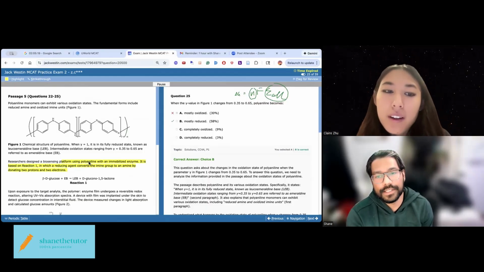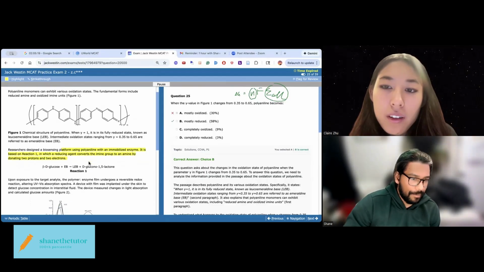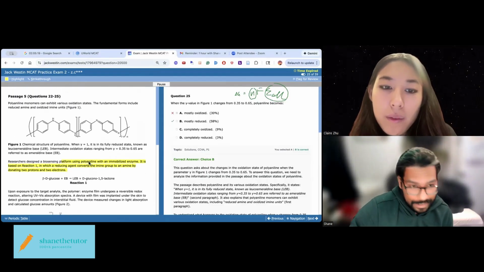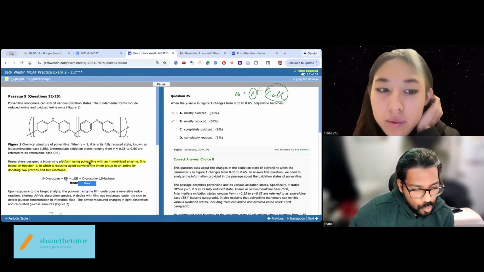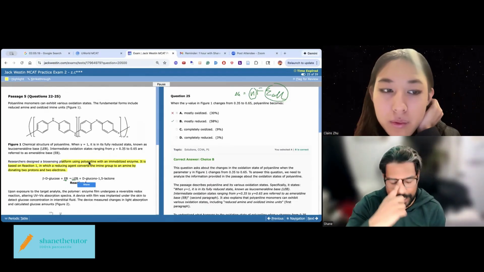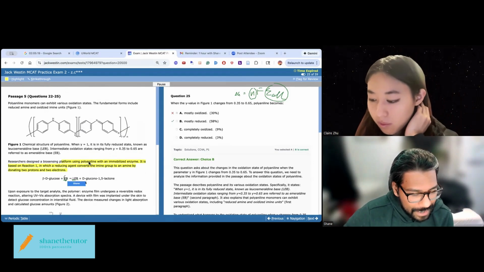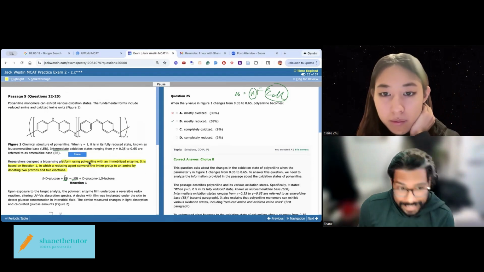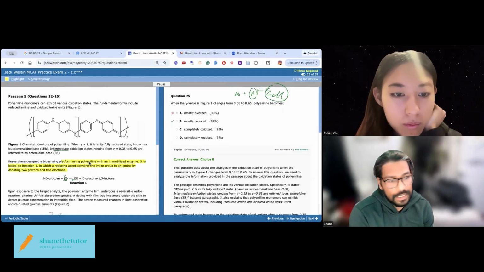Now this could be related to something they talk about here, but here is where, when I was explaining the previous problem, I was saying that this EB is an intermediate oxidation state, right?